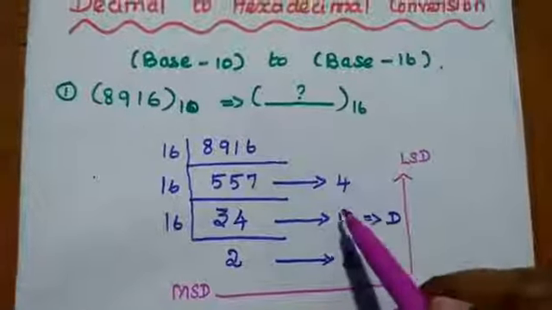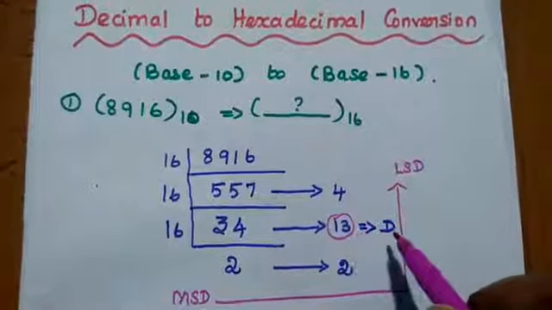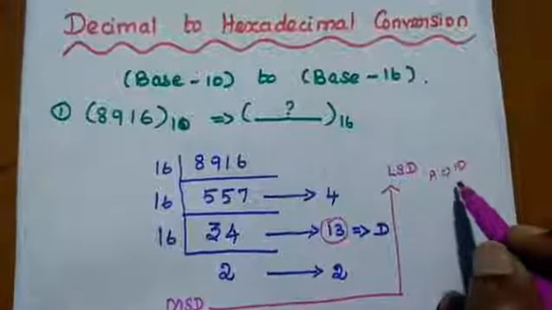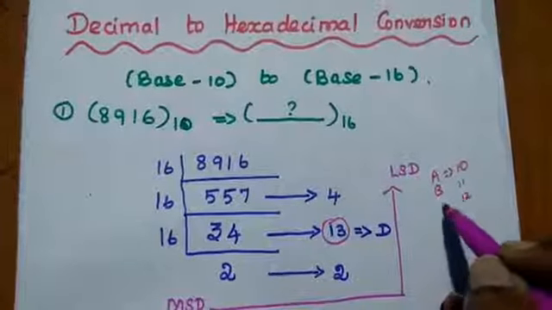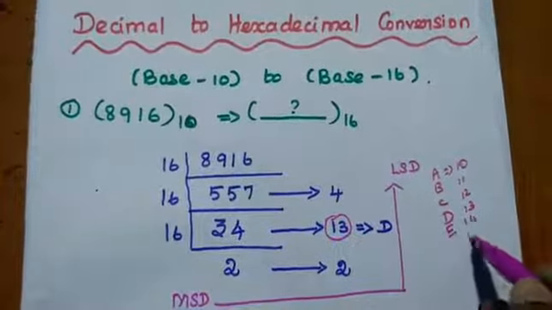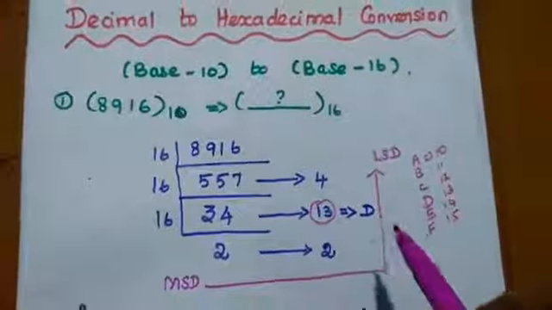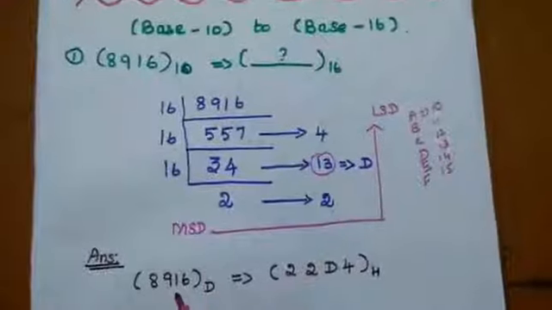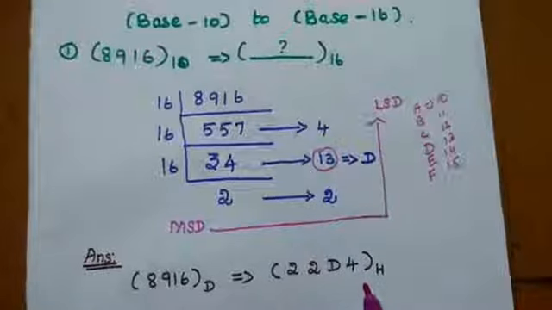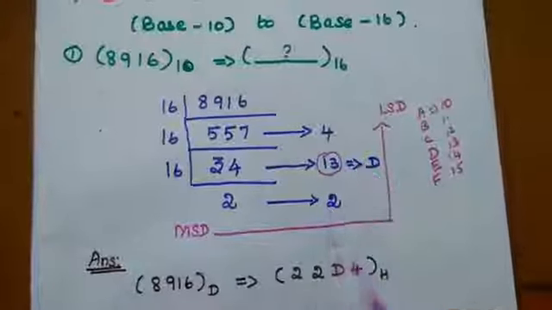And one more thing, in the case of hexadecimal, the value 13 is represented as D. 10 is represented as A, 11 is B, 12 is C, 13 is D, 14 is E, and 15 is represented as F. So here this 13 is represented as D. So the decimal number 8916 is converted into the hexadecimal number 22D4.